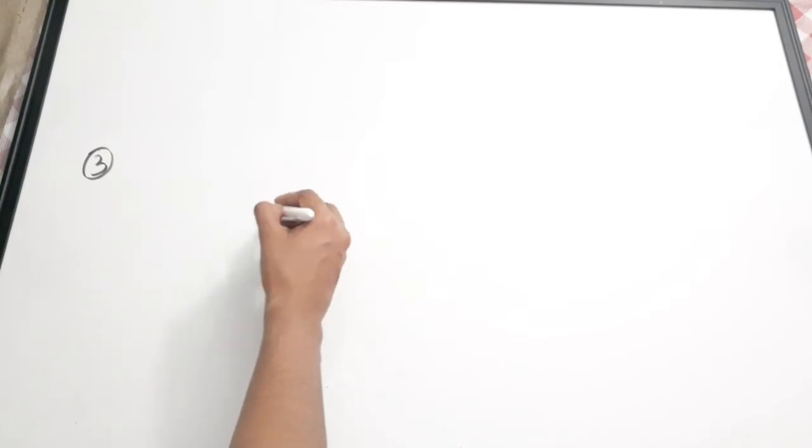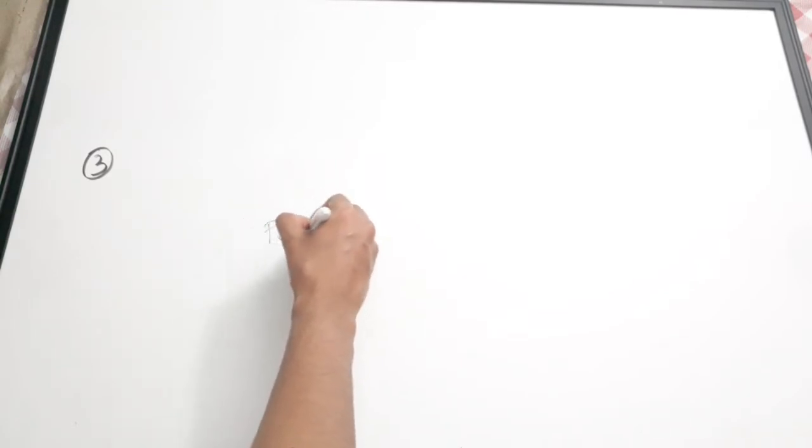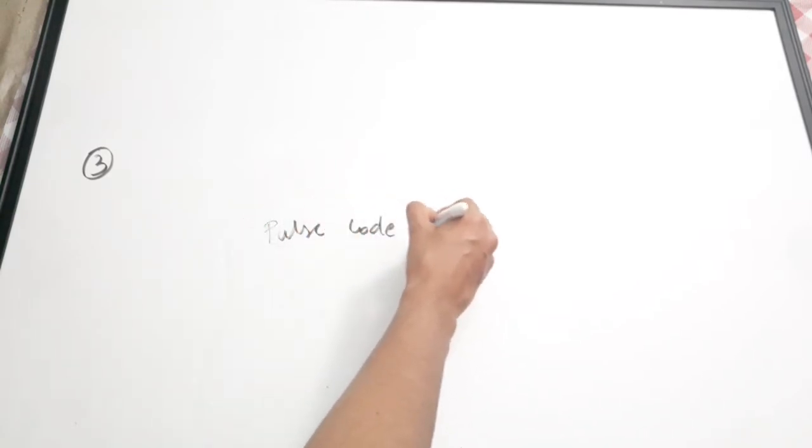Only in digital modulation do you require sampling and quantization, and only while performing quantization is quantization noise formed, right? So here PCM is pulse code modulation, which is actually a digital modulation technique. Okay, PCM is pulse code modulation.